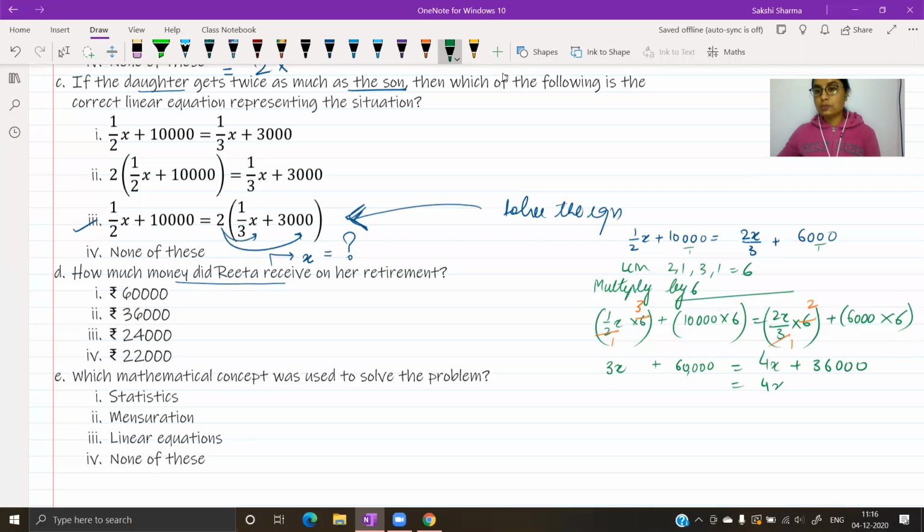So you can now transpose the values with x and keep them on one side, without x on the other side, and you will get x as 24,000.